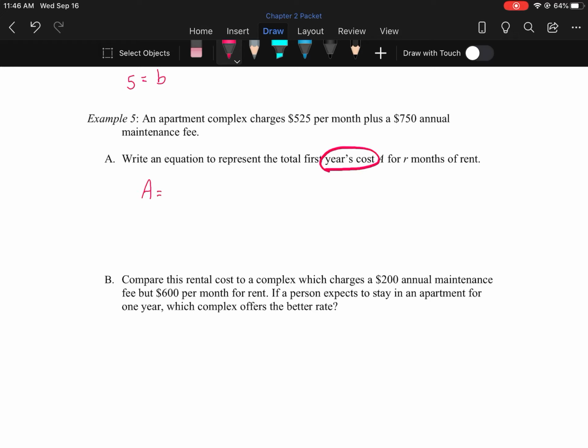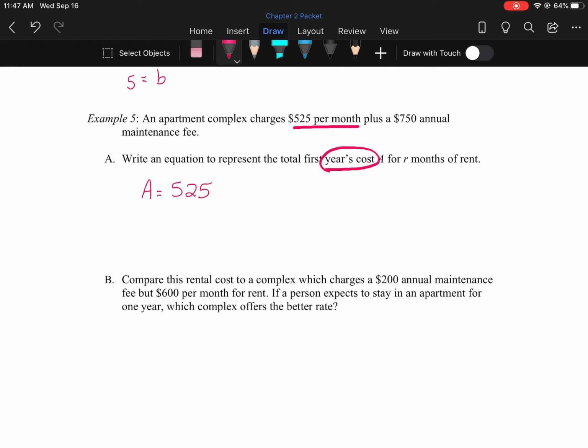So we need to decide which of these is my slope, meaning I'm going to have to do that each month. Since we're paying things, I'm going to have to pay something each month, and one of them is a flat rate. The thing we have to pay each month, because it says right here per month, is our rent. So that's going to be $525.